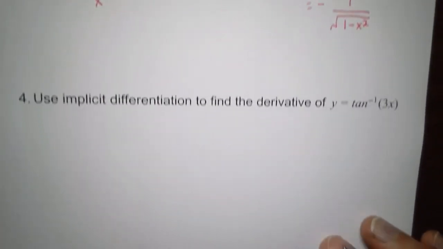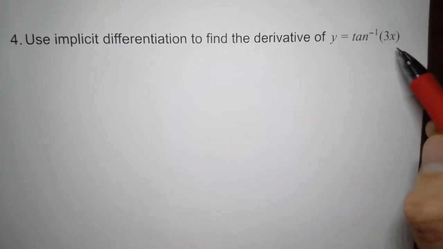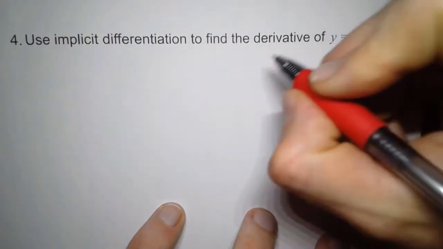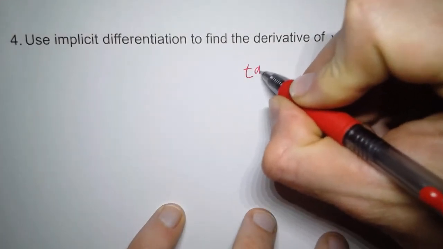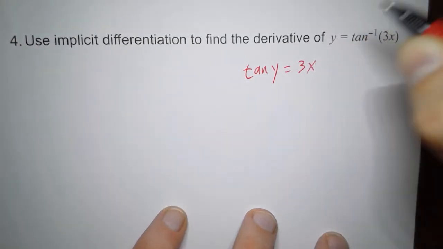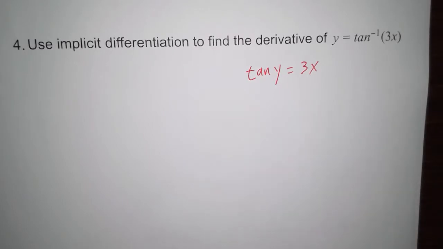Now, number 4, very similar, except now we have a 3x inside. So when we rewrite this, we're going to have tangent of y equals 3x. And we're going to see what effect that 3 has when we take the derivative.